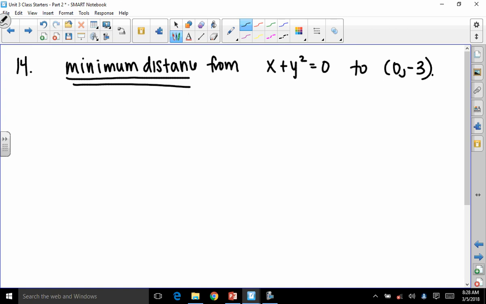Now we have to think back to previous lives where we learned about the distance formula, which tells you the distance from one point on the coordinate plane to another point on the coordinate plane, like in pre-algebra. It is the square root of something, yes. It's the Pythagorean theorem, yeah.